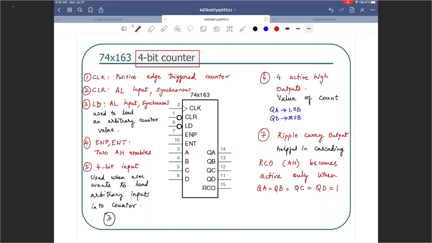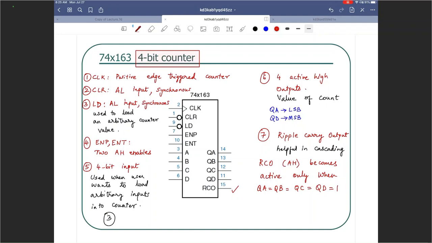That means that when the maximum count of this counter happens, 1 1 1 1 or decimal 15, that is the time this output is going to be a 1, right? So it is just indicating to the user that I have reached my maximum value.